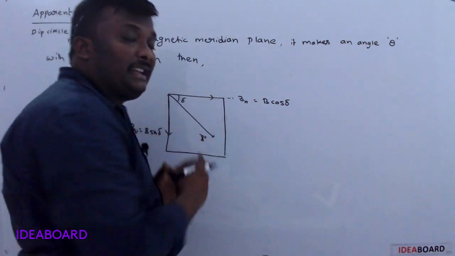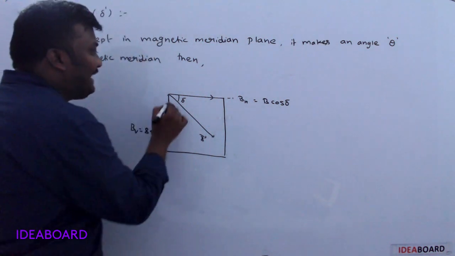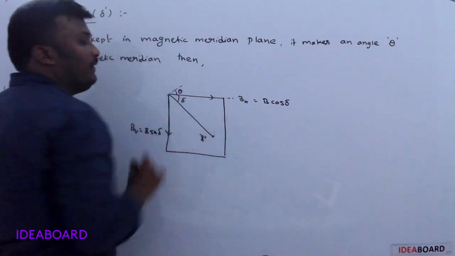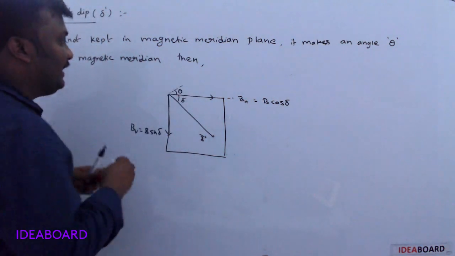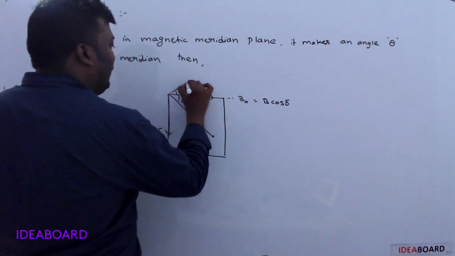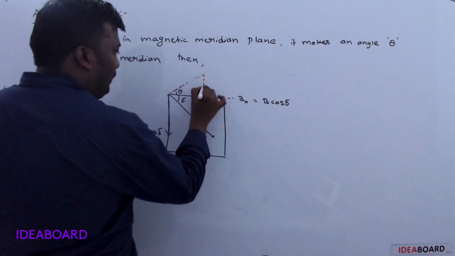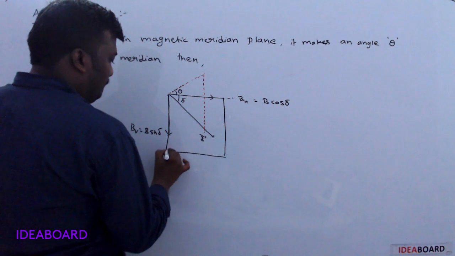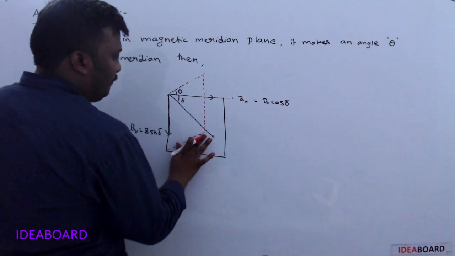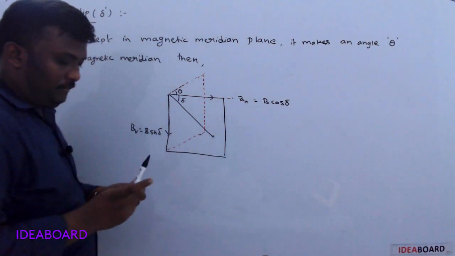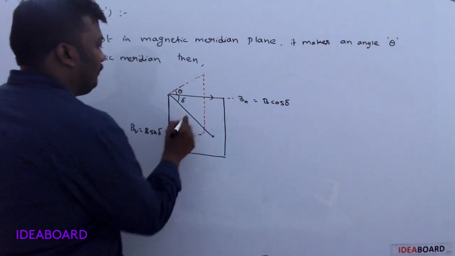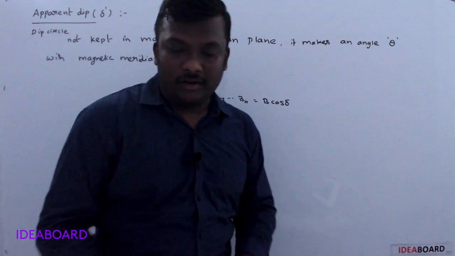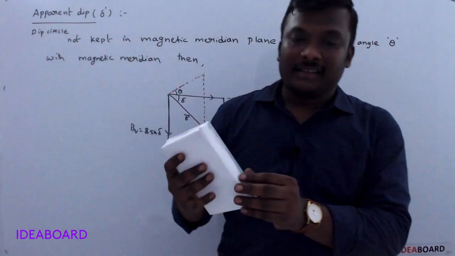Now the dip circle is not in the magnetic meridian plane. It makes an angle theta with the magnetic meridian plane. That indicates, now what is the new plane here? The new plane is like this. You see, this is the box.